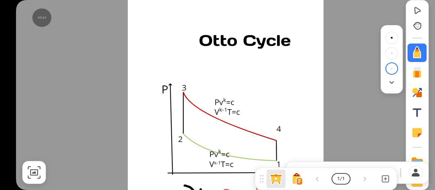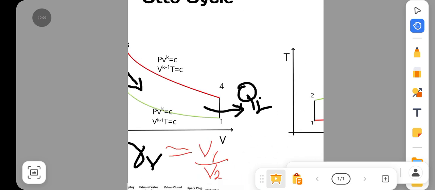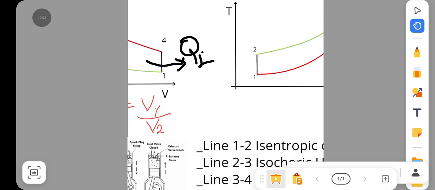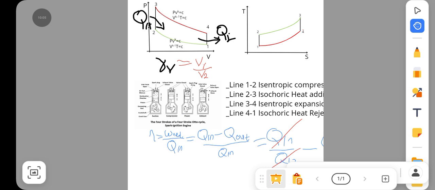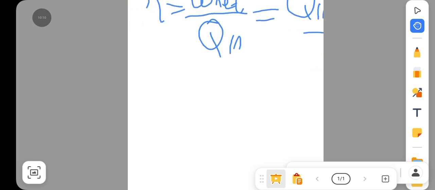That is where our heat comes in. At this other point is where we have our Q out.